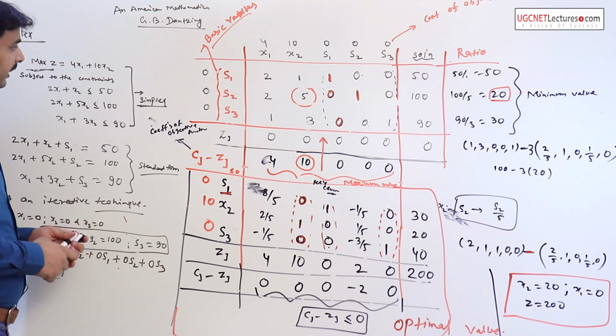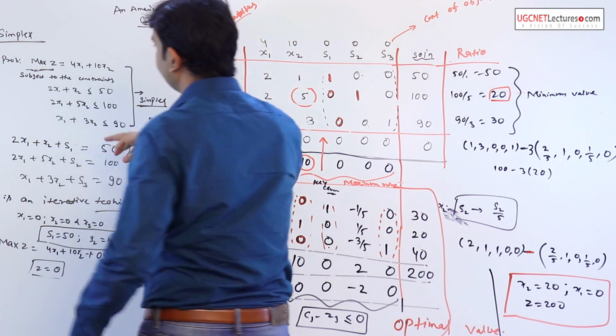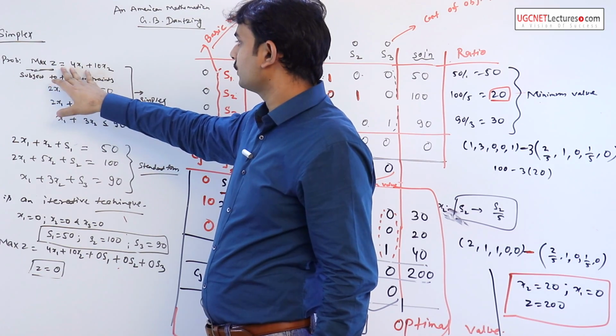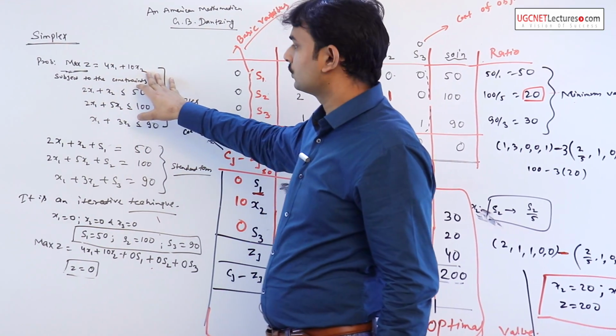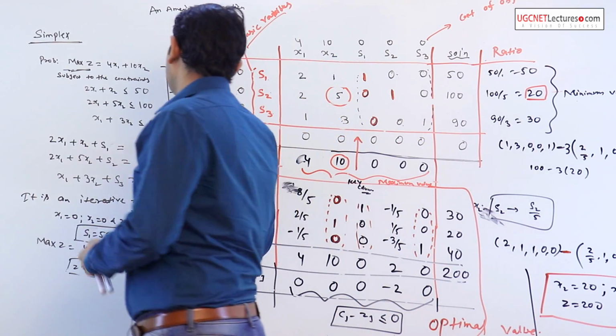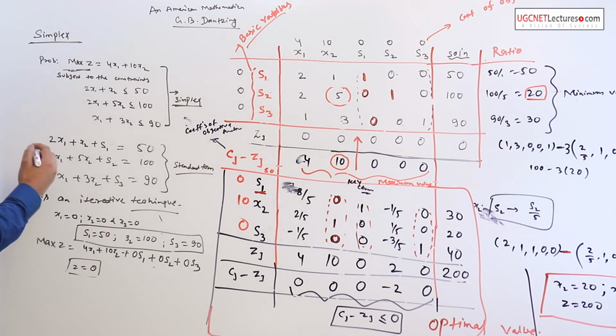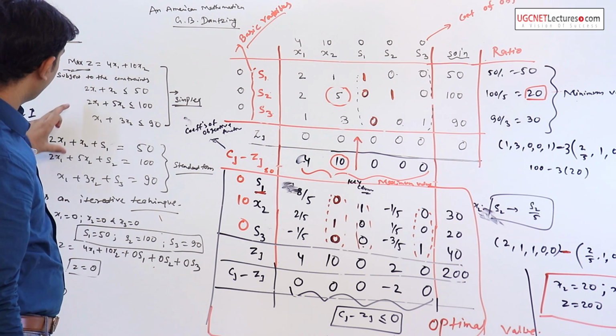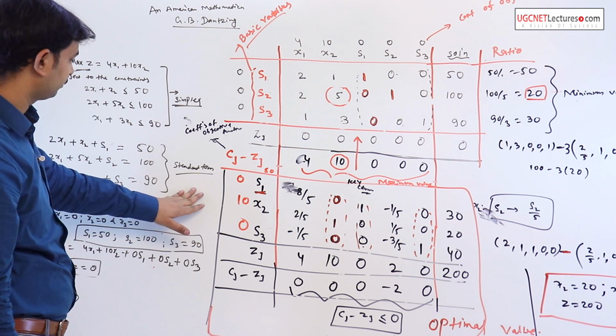If we look again, the problem is of maximization type. Maximize z equal to 4x1 plus 10x2 subject to the following constraints. The first step is we have to write this in its standard form.